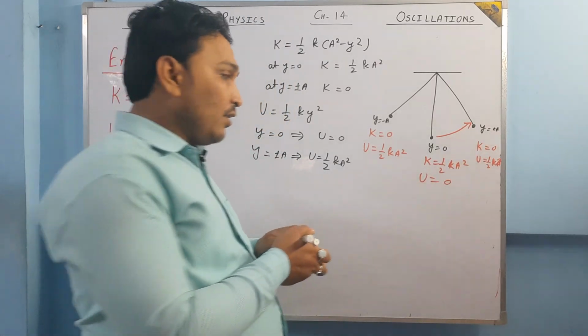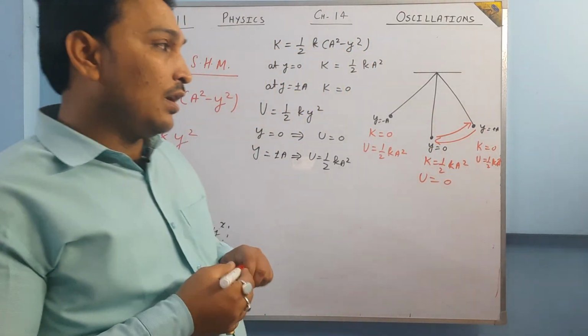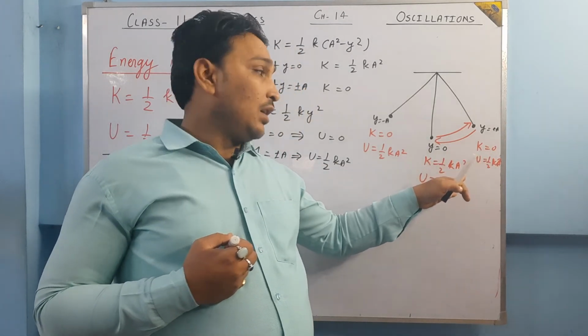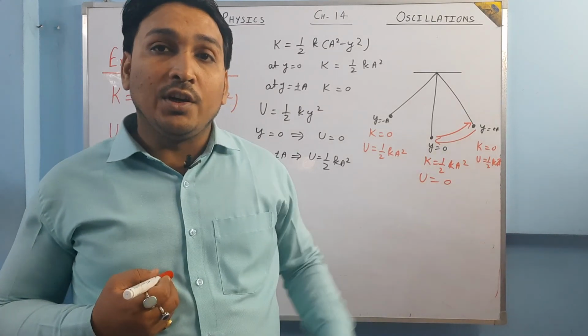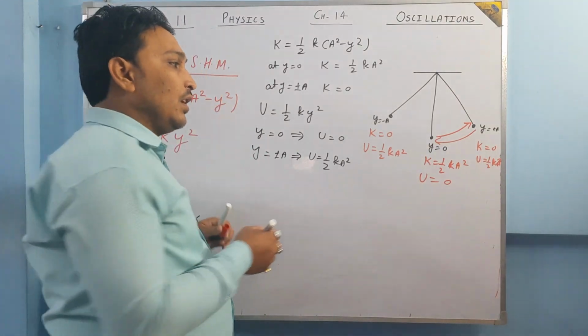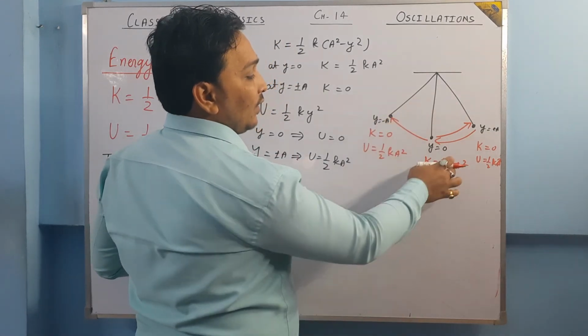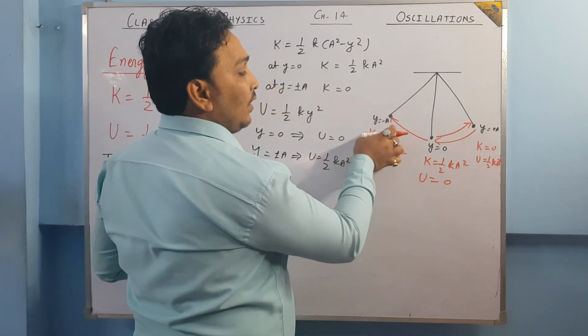When it comes back, what will happen? Again, this kinetic energy, which is 0, becomes half k a square. Potential energy, which was half k a square, becomes 0. Potential energy has been converted into kinetic energy. Again, from here it goes to this side: kinetic energy is converted into potential energy, and potential energy is converted into kinetic energy.